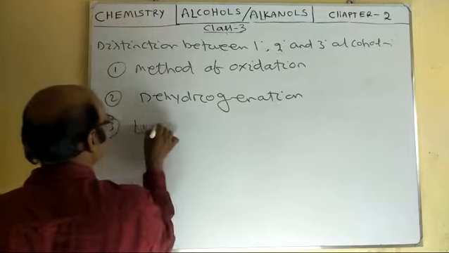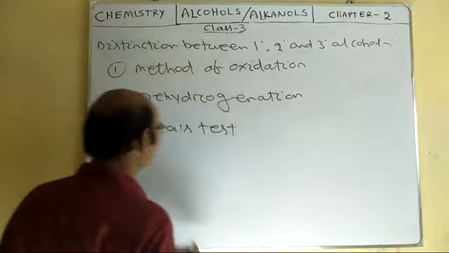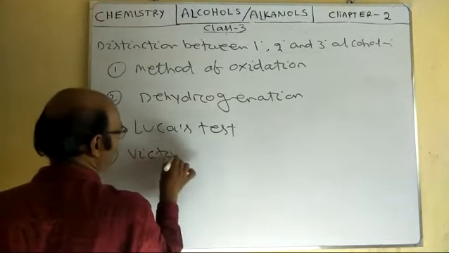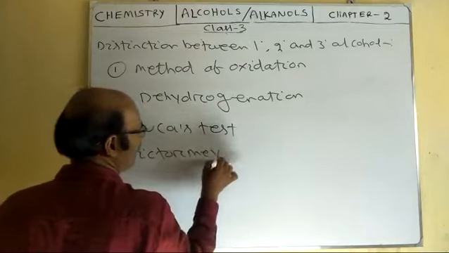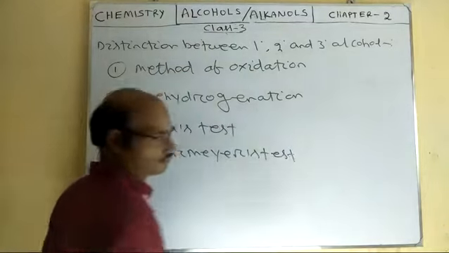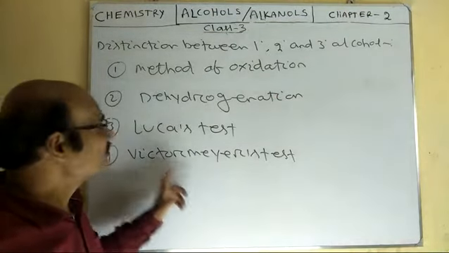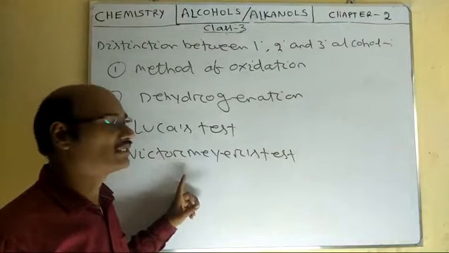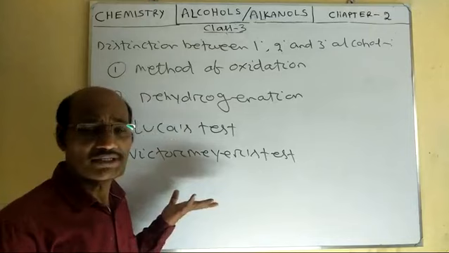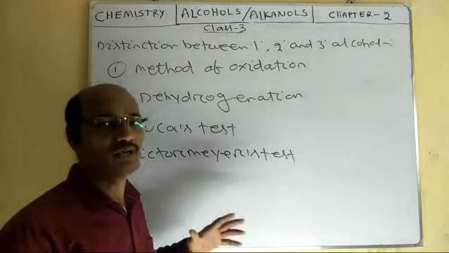Number 3, Lucas test. Number 4, Victor Meyer's test. So these are the 4 different methods to distinguish between primary, secondary, tertiary alcohols. These are also the chemical properties of alcohol. Okay, so let us discuss one by one.